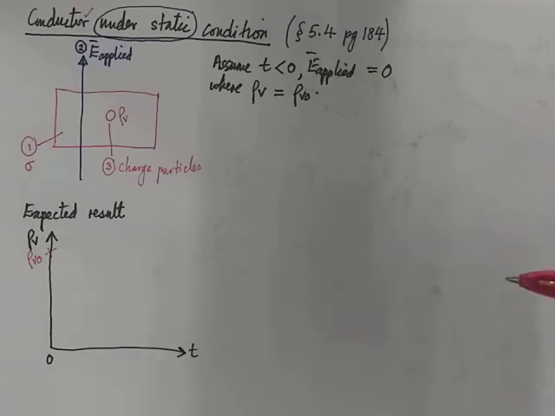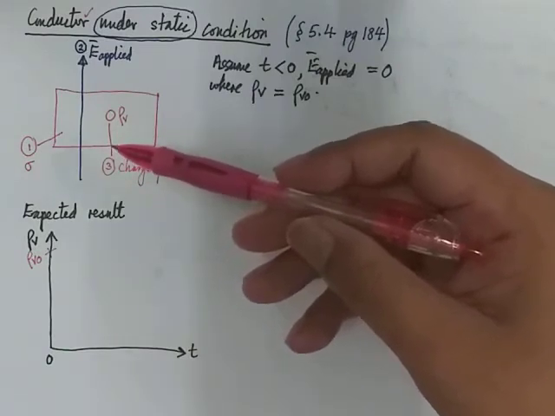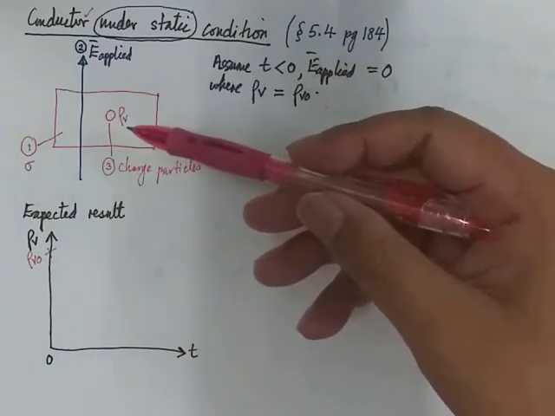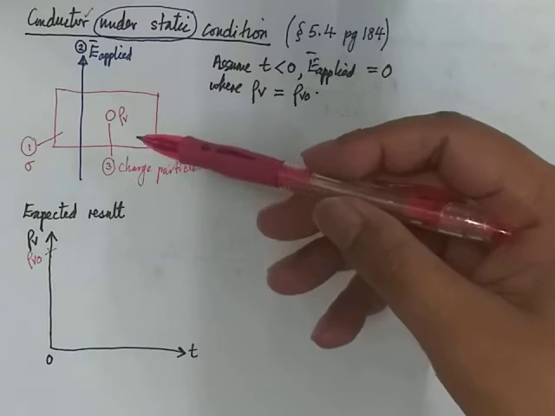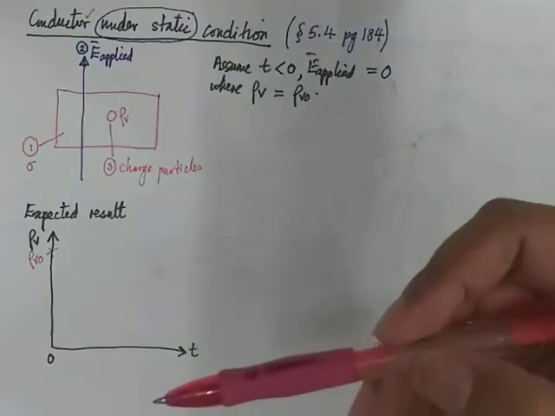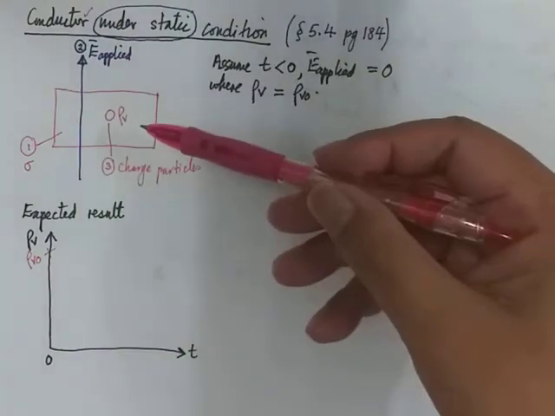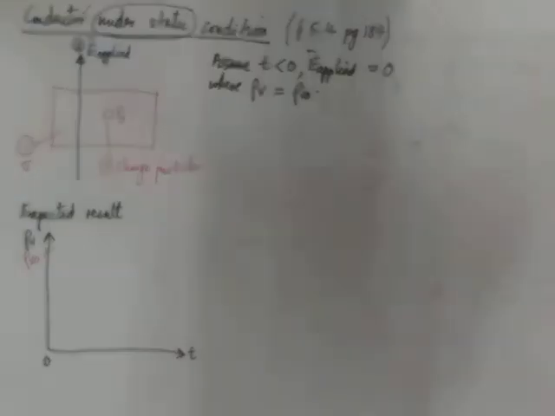meaning that there appears to be charge in the center part of this particular medium when the medium is not exposed to any electrostatic field. So then, what happened when we expose the medium to electrostatic field?